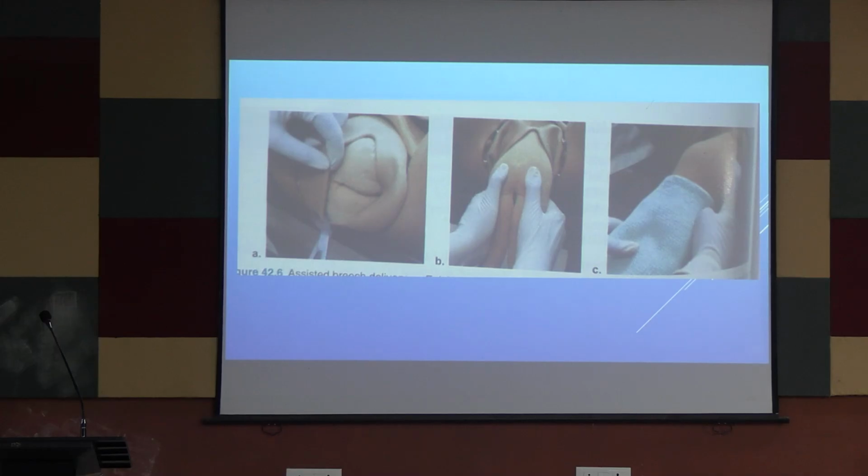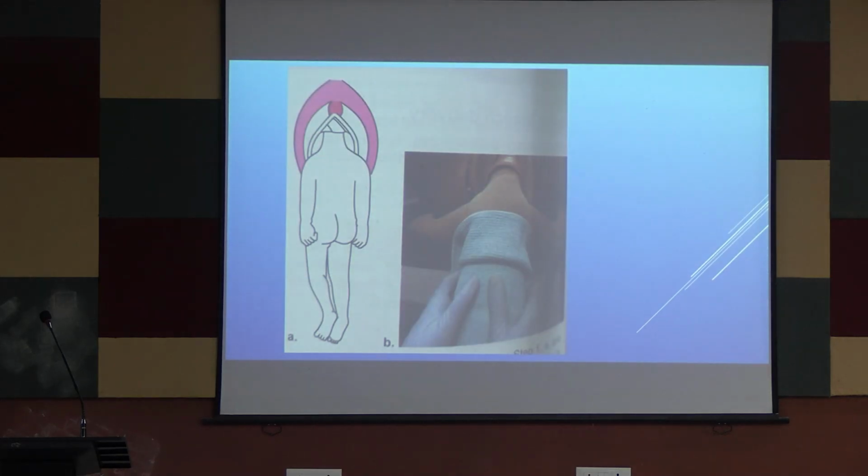For that, the index finger will be over this and the thumb will be over the sacrum and parallel to the spine. It is wrapped with one towel. Then it is allowed to hang with its own weight.